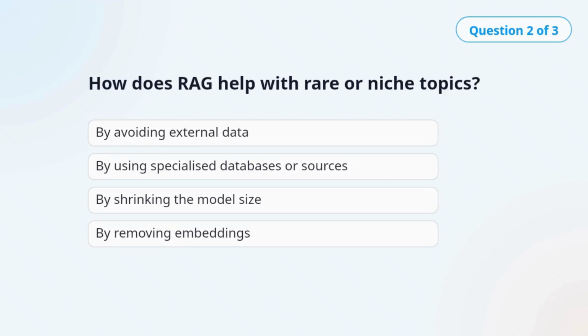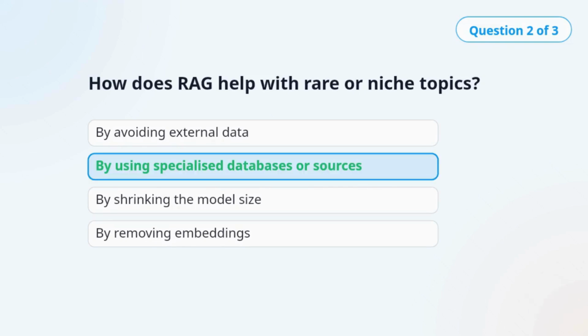Question 2. How does RAG help with rare or niche topics? The correct answer is, by using specialized databases or sources, RAG can retrieve information from domain-specific sources, which helps on uncommon topics.